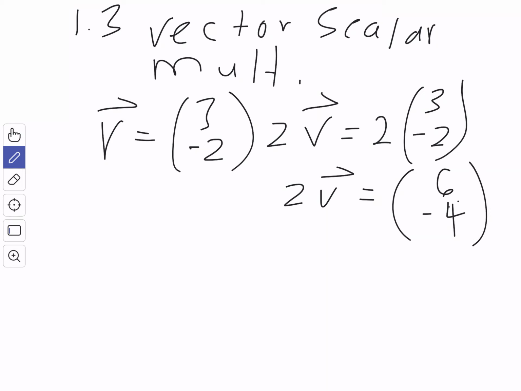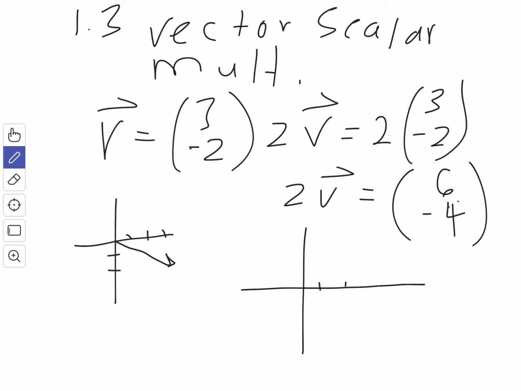So, just as a side, it literally means that vector v, which is 3, negative 2, is going to be half as much as 2v.